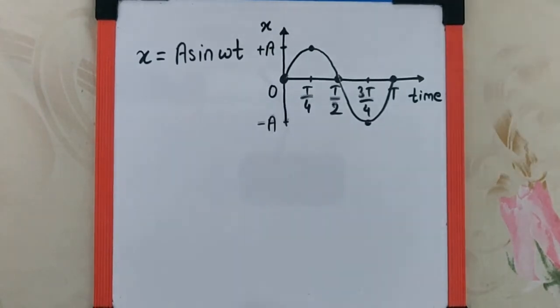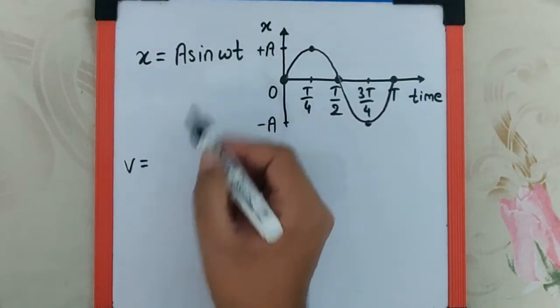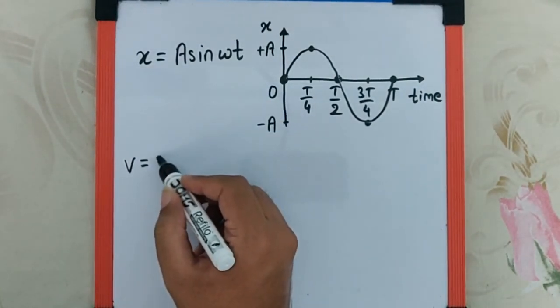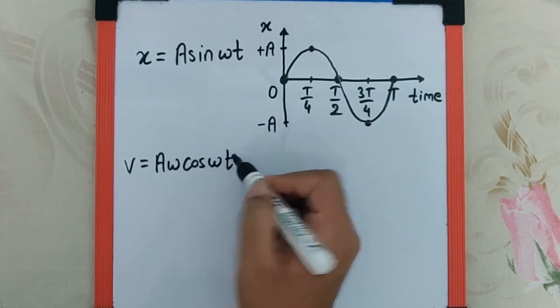So as we got the graph for position versus time, let's try and relate the velocity-time graph with it. Can I say, first of all, the velocity equation, the derivative of a sine omega t, will give us a omega cos omega t.